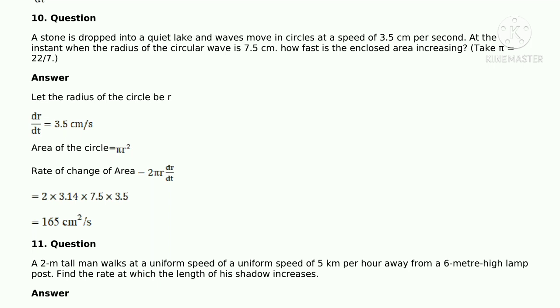Area of a circle is pi r squared, and if we differentiate this with respect to time, then dA/dt equals 2 pi r dr/dt. The dr/dt value is already mentioned, and we have to find it at the instant when the radius of the circular wave is 7.5. So in place of r we put 7.5, and we get the answer, 165 pi centimeter square per second. Is it clear? Okay.